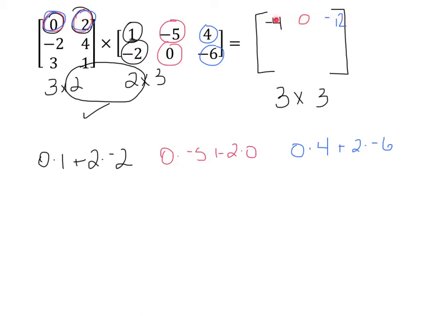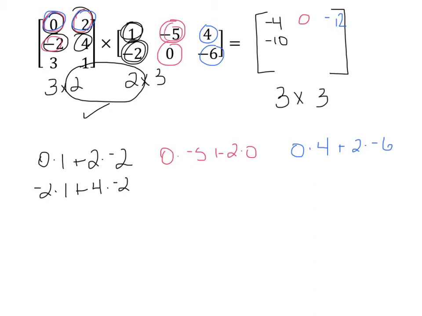Column 1 went to column 1, column 2 went to column 2, column 3 went to column 3. I will repeat this process. Negative 2 times 1, 4 times negative 2 is negative 10.